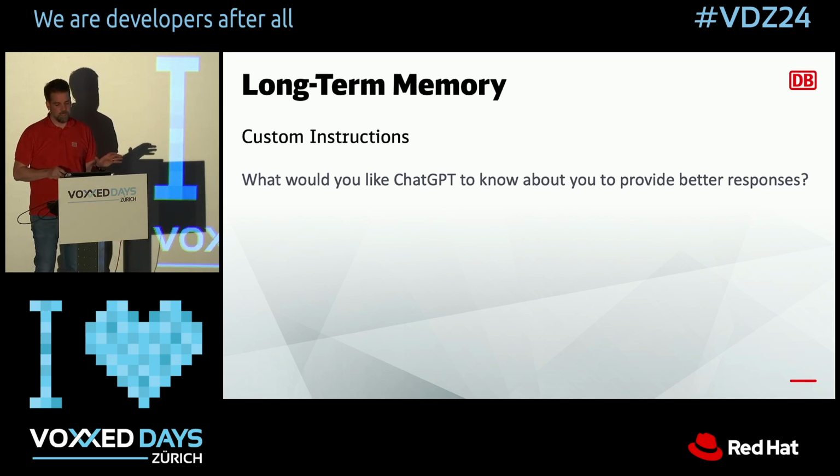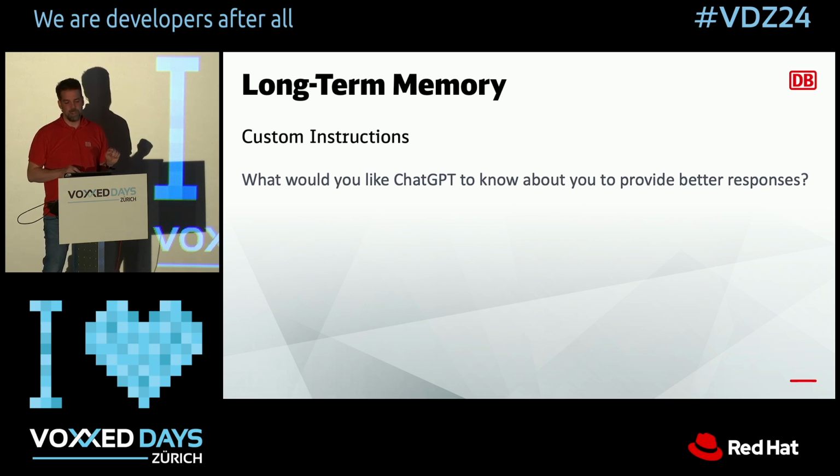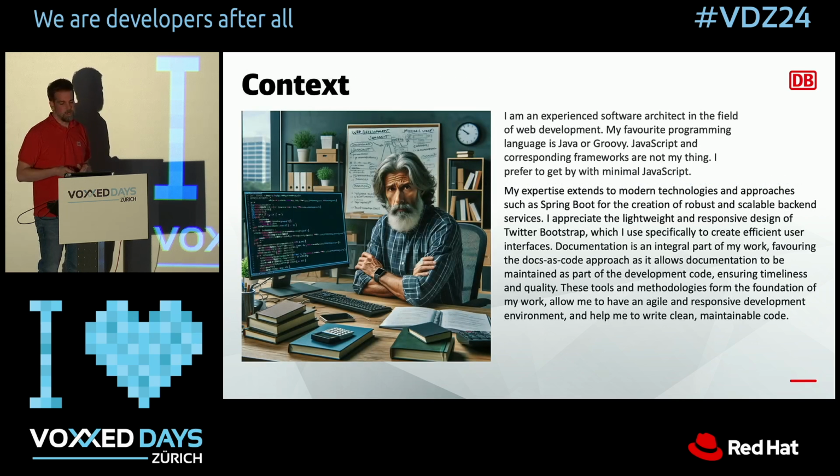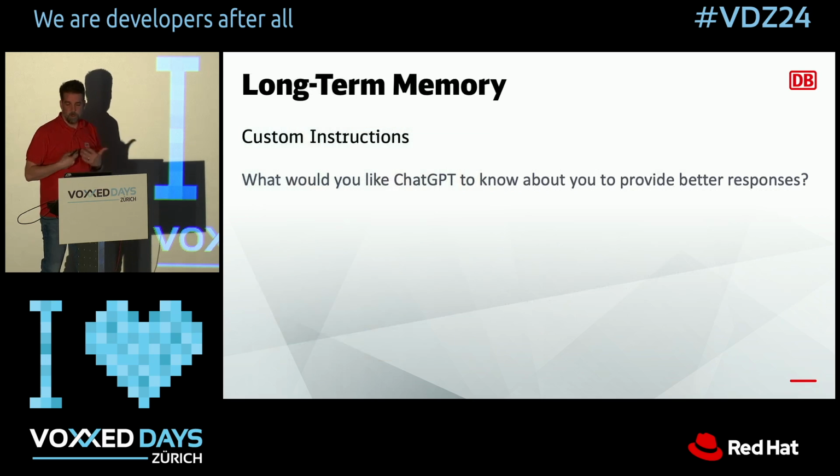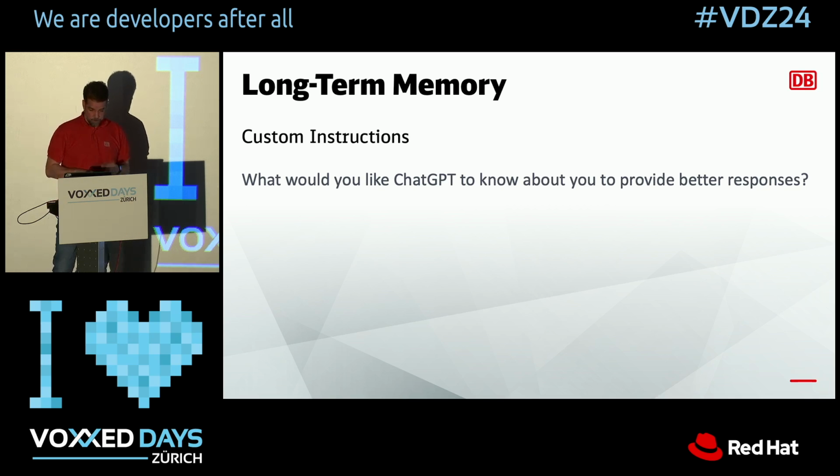What would you like ChatGPT to know about you to provide better responses? It's a limited input field, but it's enough to put in this context so the results will get better. And that's some kind of long-term memory. You sometimes have to go back to it to brush it up, to add some experience you gained and maybe remove some. So that's really helpful.